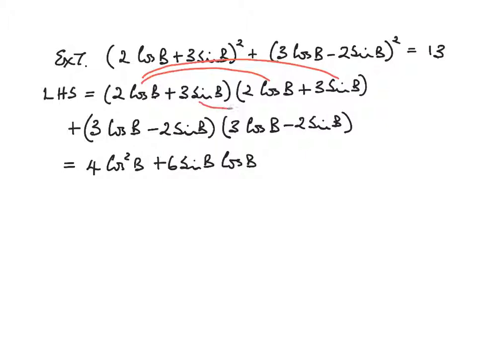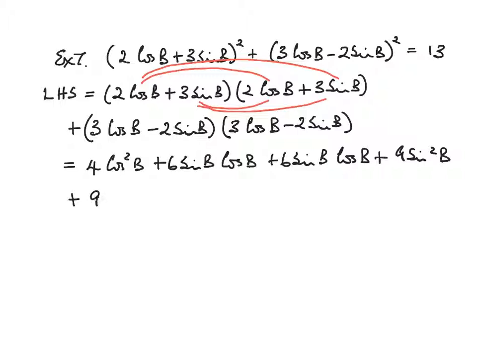And then these 2 multiply, that gives me 6 sin b cos b again. And the final 2 terms from this pair of brackets, 3 times 3 is 9 sin squared b, plus the second set of brackets, 3 times 3 is 9 cos squared b.